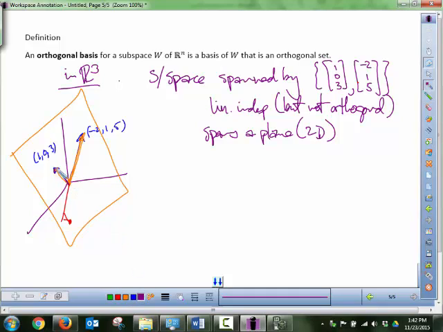Maybe I'll keep this first vector over here, and then instead of using this vector, maybe I can find another vector that's also on the plane that's orthogonal to that, perpendicular to that first one. That's the key: to find a vector perpendicular to that one. How can we do that?